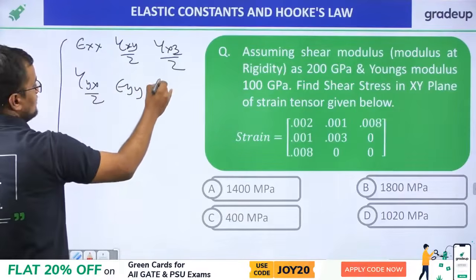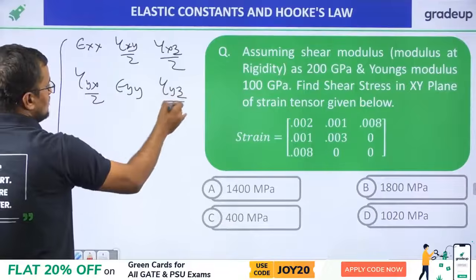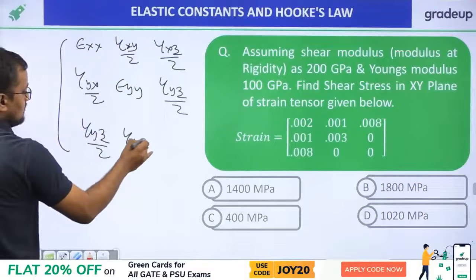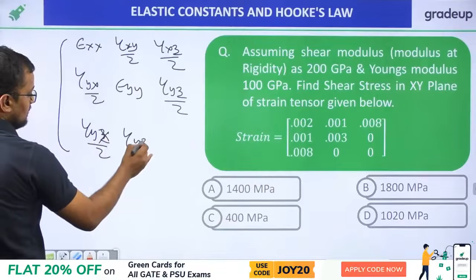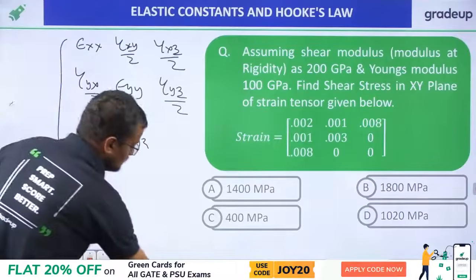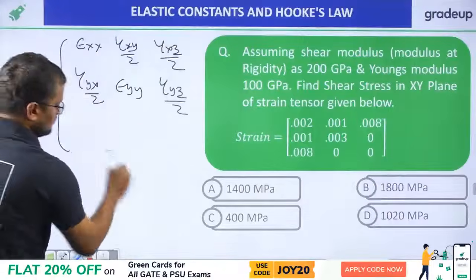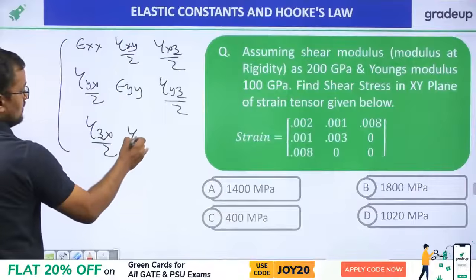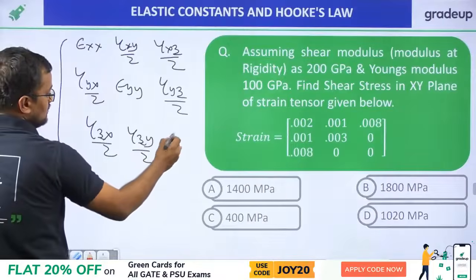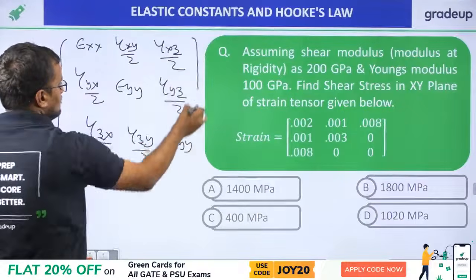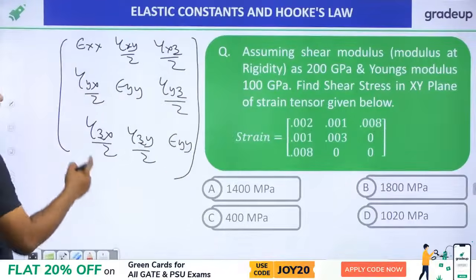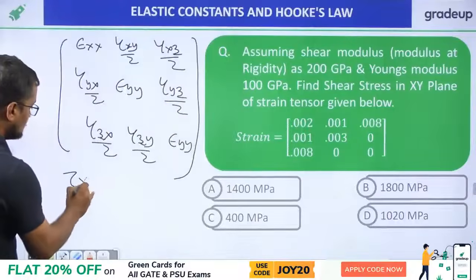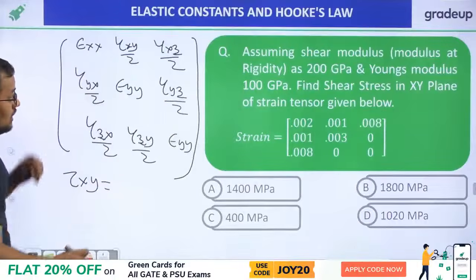If you have not seen this, please, my humble request, see my earlier lecture also. Gamma yz by 2, gamma zx by 2, gamma zy by 2, and this is epsilon yy. This was like this. So we have to find out shear stress in xy plane, that is tau xy.